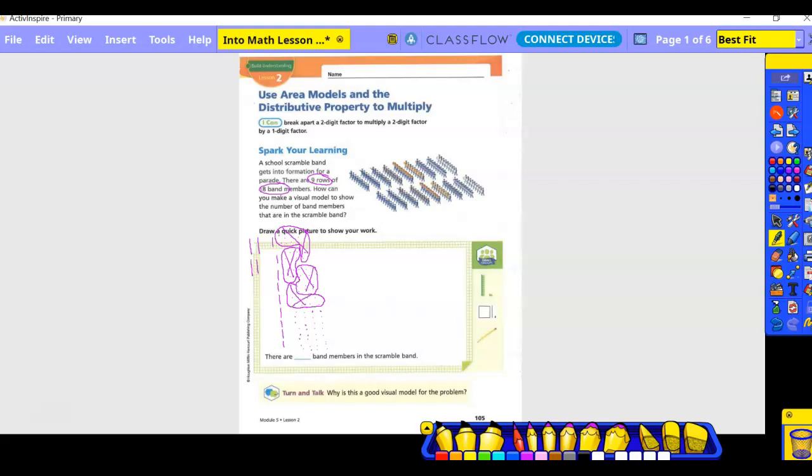Cross it off and draw another long. We have 8 here, and then I need 2 more from my next group. Cross that off, and I get another long. I have 6 here, get 4 more. Cross that off and get another long.